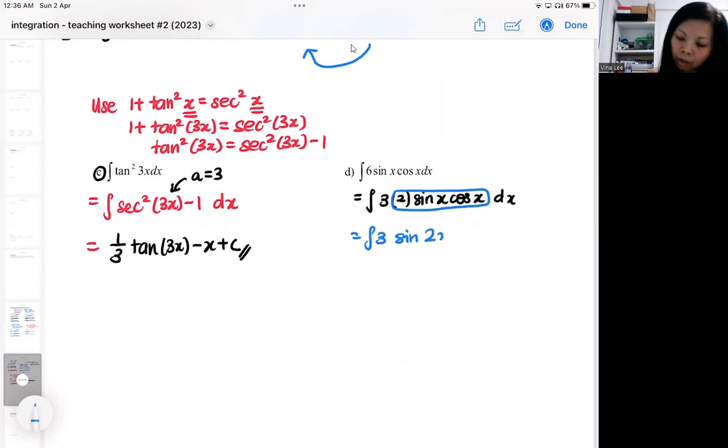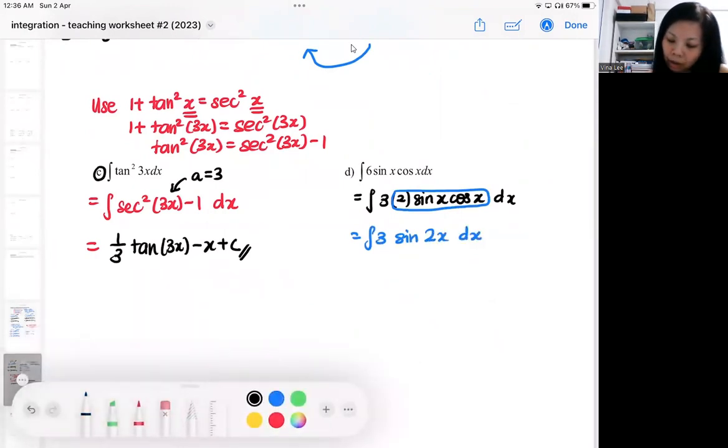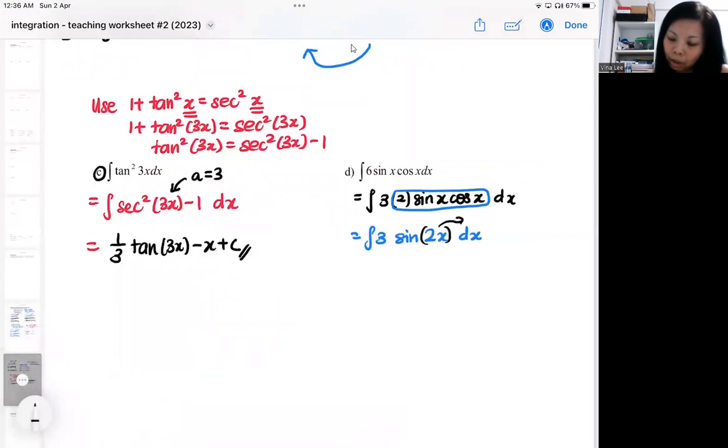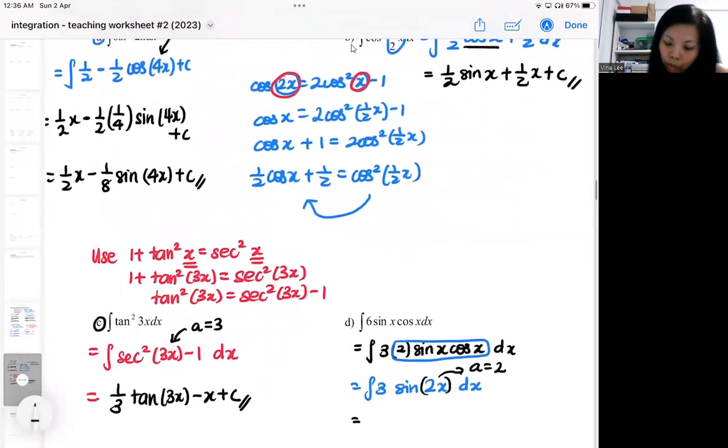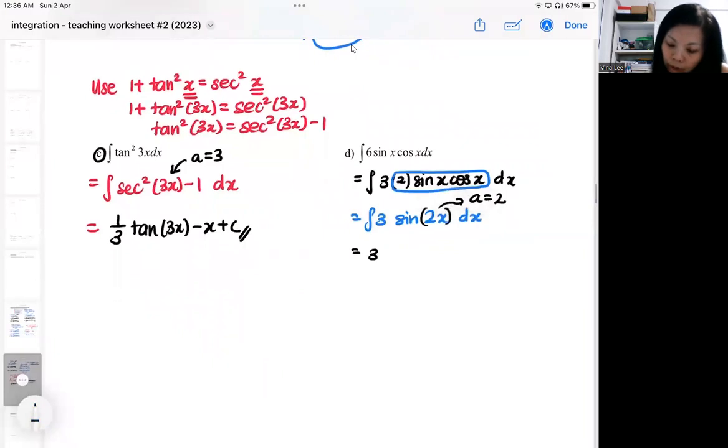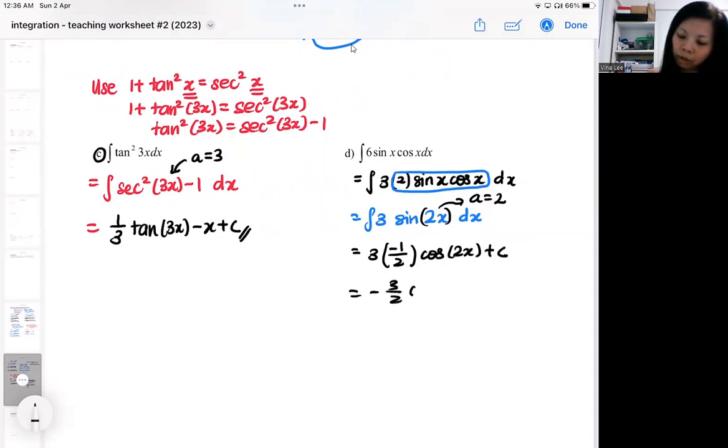It's your double angle sine 2x. And that will bring you back to your basic block of formula where A is 2. So when A is 2, the formula is minus 1 over 2 cosine 2x. So you will be able to get it out.